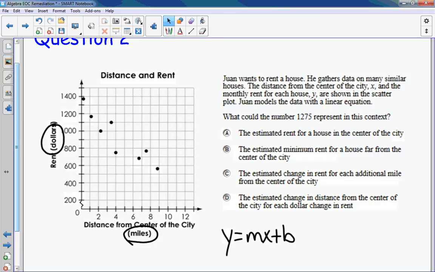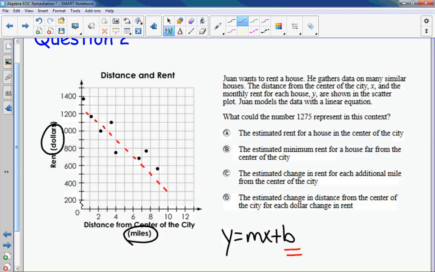Okay, if I were to draw a line in this, it would be a negative line. So I can't have the slope be 1,275. Therefore, it has to be your y-intercept. Well, what did we talk about? What does y-intercept represent? It represents the starting value.